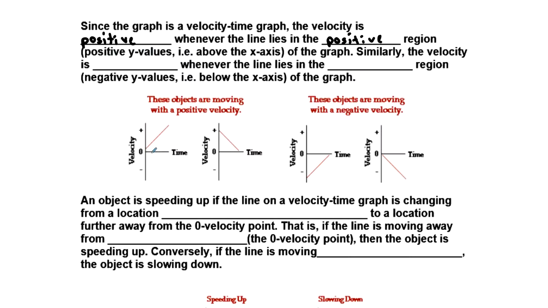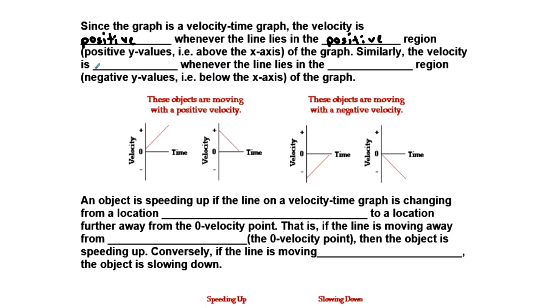We only have positive x values because time can only be positive. We can only move forward in time. So we never have a negative x-axis, only positive, but we can have both positive and negative y-axes. So an object moves in the positive direction when you see the line depicted up here in this positive region.